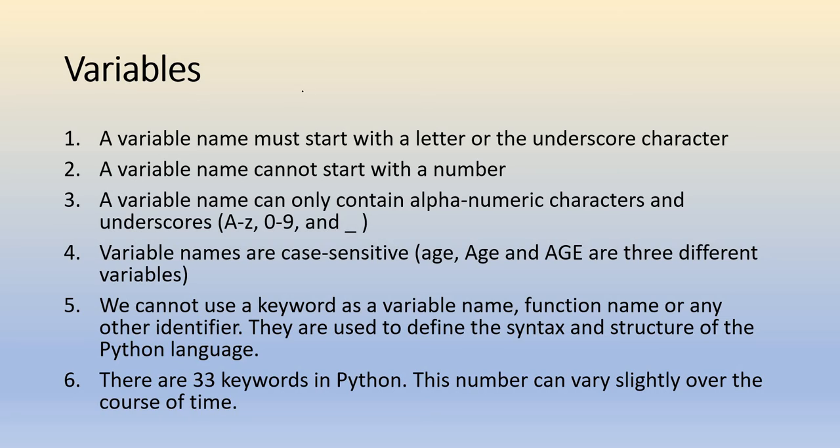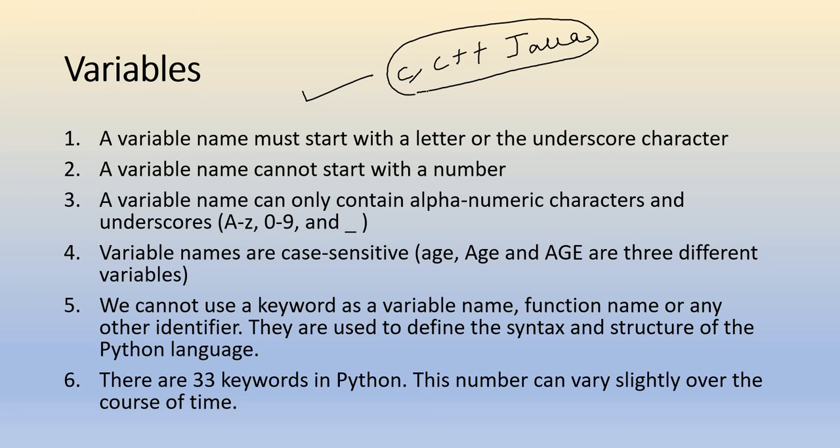The next one is variables. There are some rules while creating variables in other programming languages also, like C++ and Java, and the same rules are applicable here. A variable name must always start with a letter, and in between it doesn't support any special characters except the underscore character.